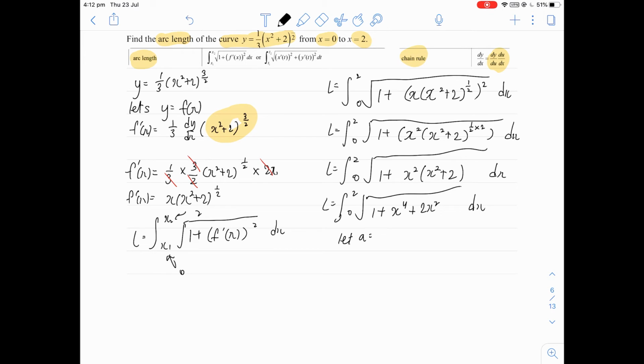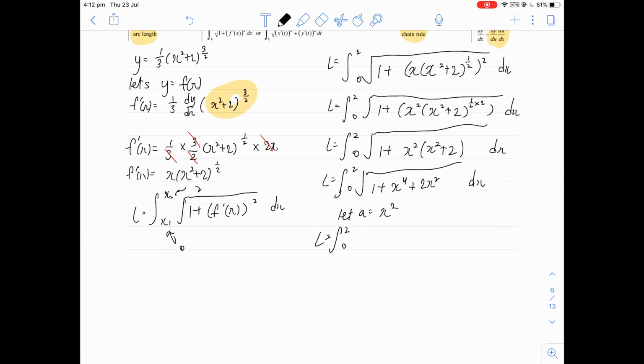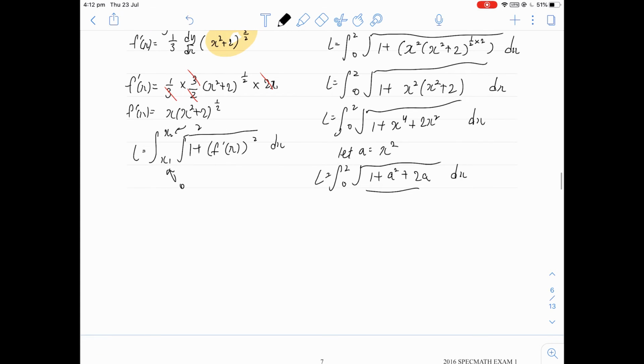Let a equal x squared. So the length would be the square root of 1 plus a squared plus 2a, dx. And let's factorize this. a squared plus 2a plus 1 would be a plus 1, which is a plus 1 squared.